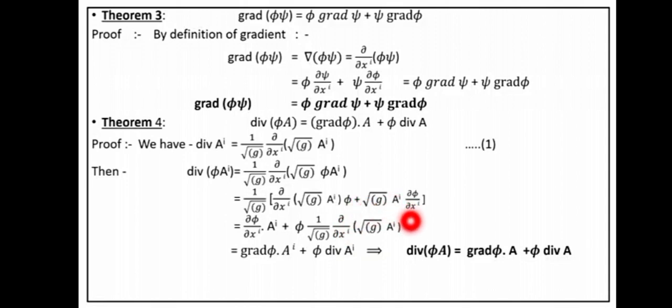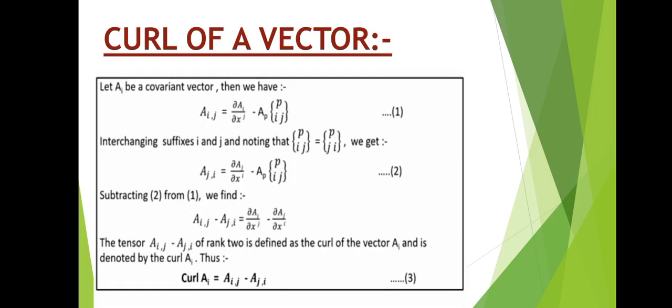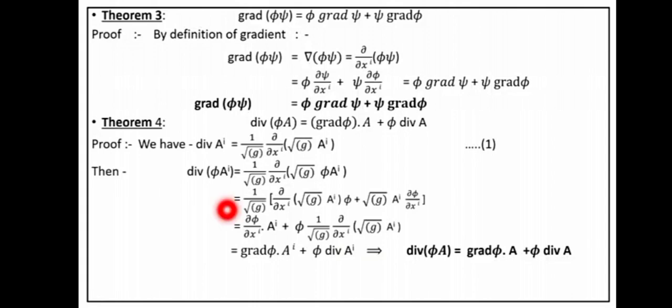We know that ∂φ/∂xi is the gradient of φ, and 1 upon root g ∂/∂xi of (root g a^i) is the divergence of a^i. So by placing these values we get gradient φ times a^i plus φ divergence a^i.